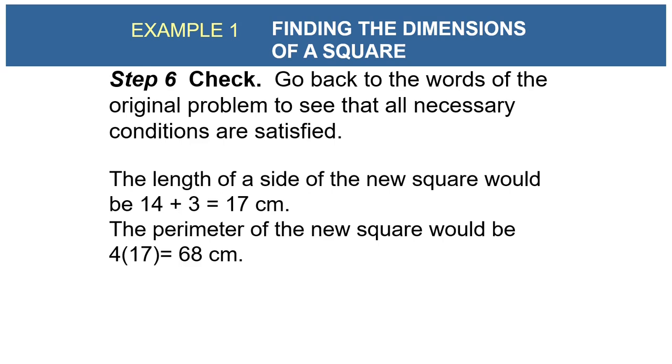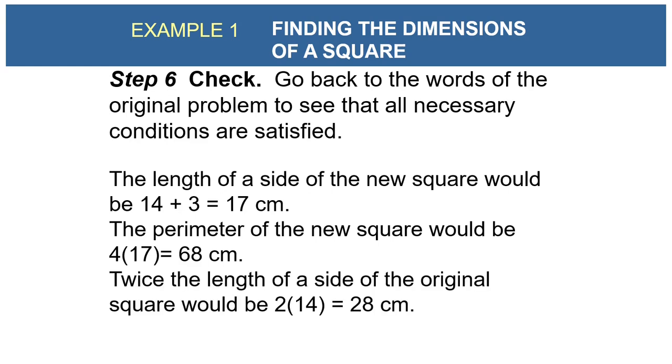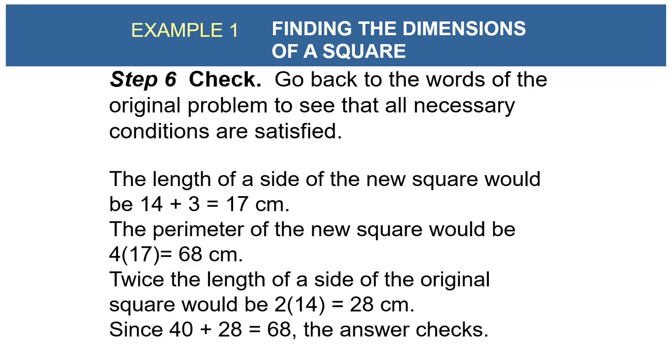The perimeter of the new square would be 4 times 17, which is equal to 68. Now twice the length of a side of the original square would be 2 times 14, which is equal to 28. And if I were to add 40 to that, 40 plus 28 equals 68, and the answer checks out.